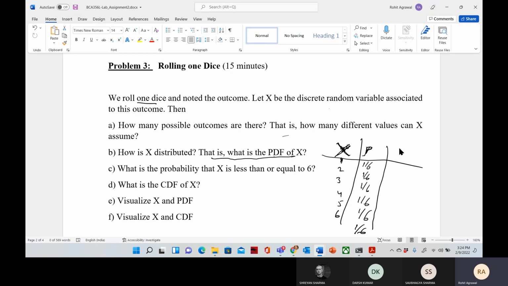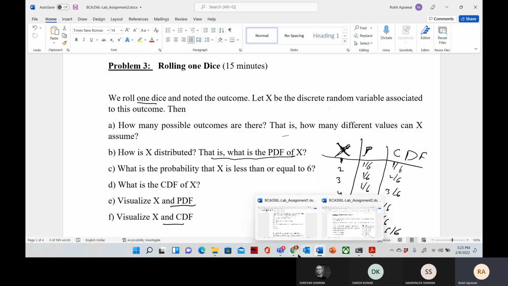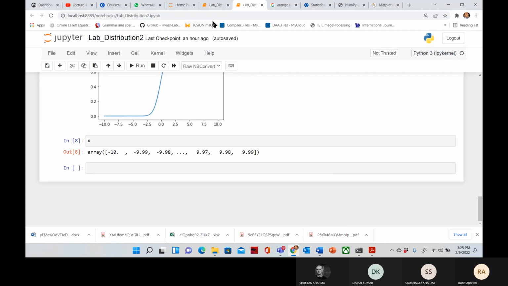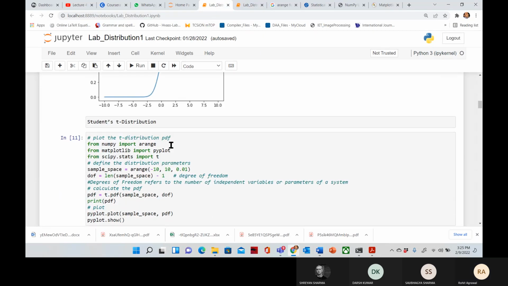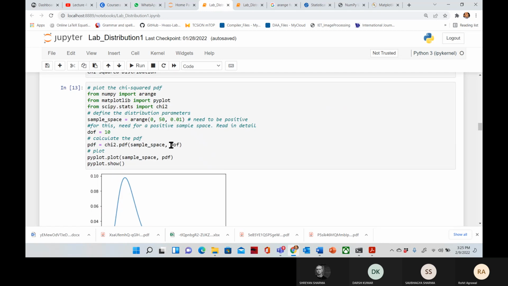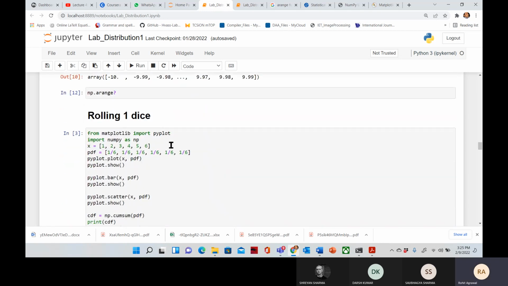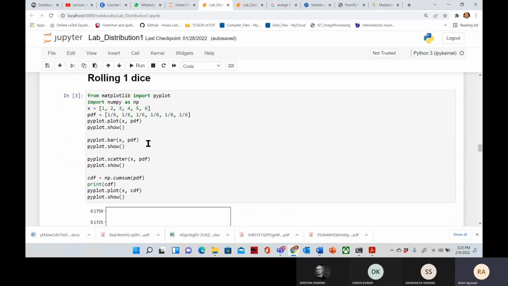What will be the CDF? All the frequencies get added: 1/6, 2/6, 3/6, 4/6, 5/6, and then 6/6. Now we will visualize this. So this is our example here.